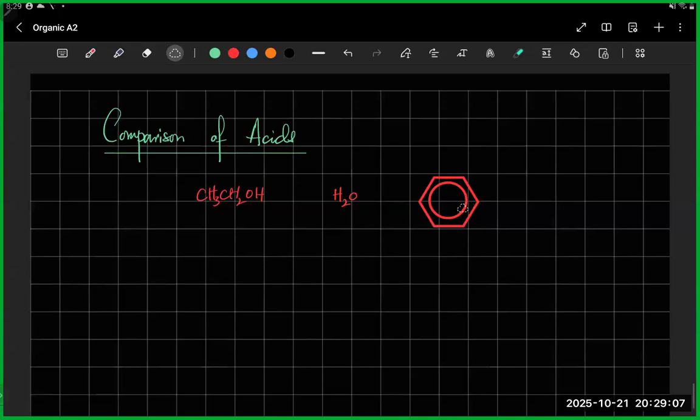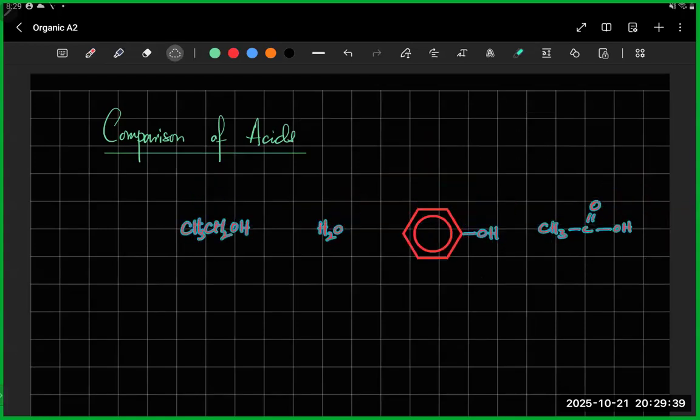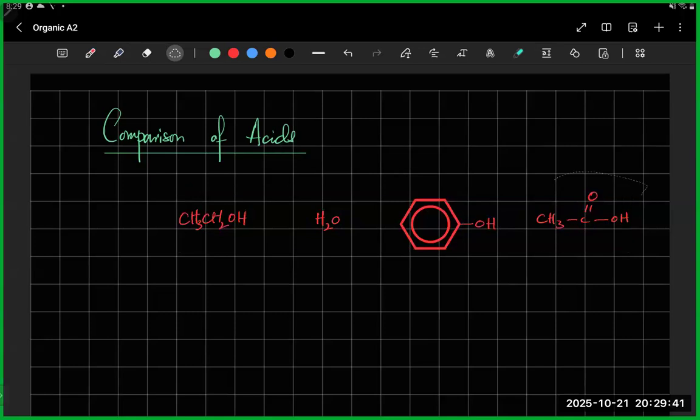So we've got phenols, and the last one is carboxylic acids. Now, relatively speaking, alcohols are the weakest. Okay, so we're going to talk about the strength of acids.